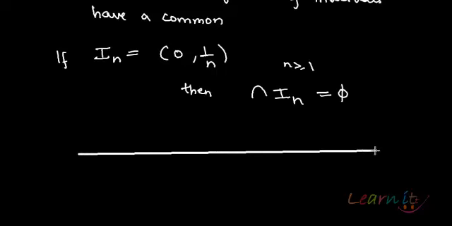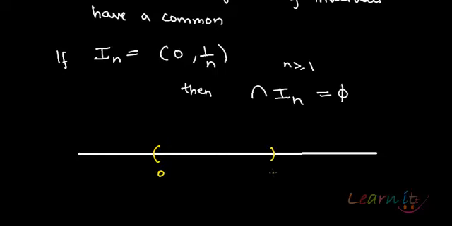Why? Let's just see it diagrammatically. Why will that happen? It's an arbitrary open interval. So 0 to 1, when we put n equals 1, we have the open interval 0 to 1. N equals 2, we have 0 to half, and then 0 to 1 by 3, and so on and so forth.